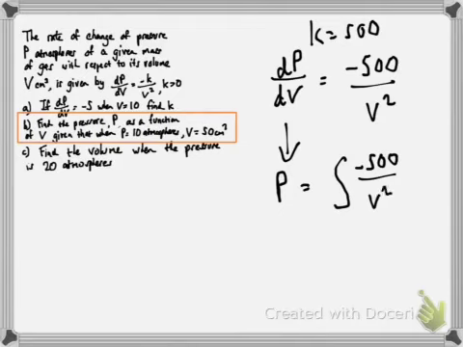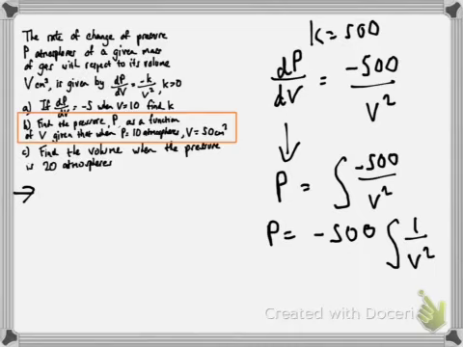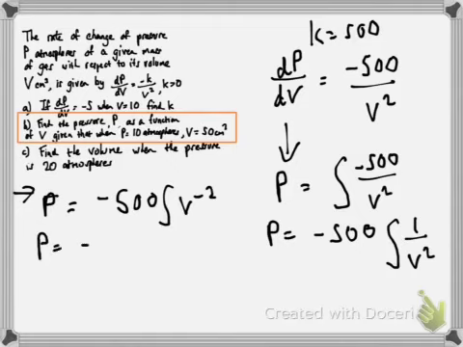Now we can separate out this integral, so P equals negative 500 times the integral of 1 over V squared. The integral of 1 over V squared is V to the negative 2. Of course we should be putting plus C, but I won't do the plus C just yet, we'll do the integral first.